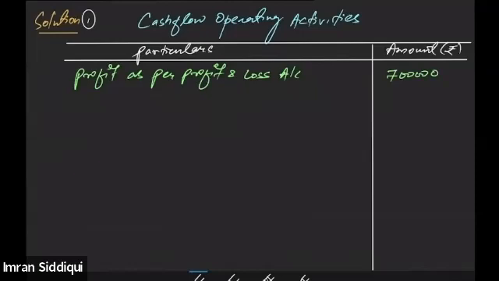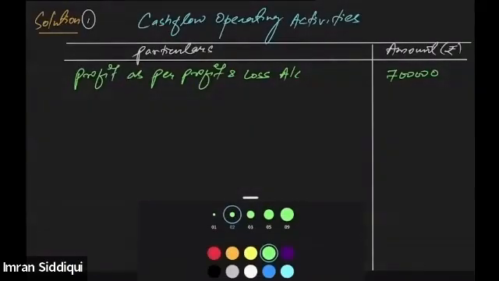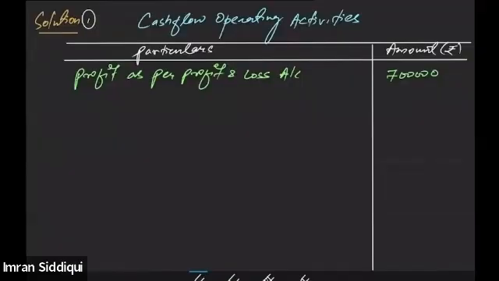All right. But it is given in the question that in order to determine this profit, we have subtracted the amount of reserve out of it as well. So what we need to do is add the amount of reserve that we have subtracted earlier. Reserve is given as 60,000. So we will add the amount of reserve which has been earlier appropriated out of profit.